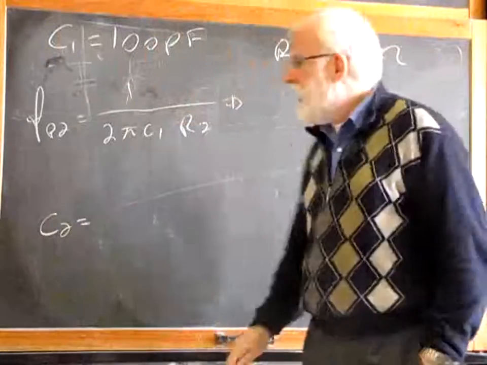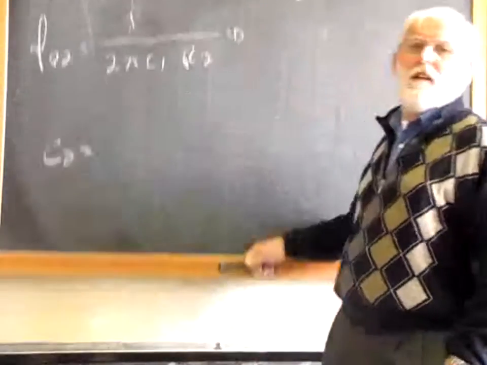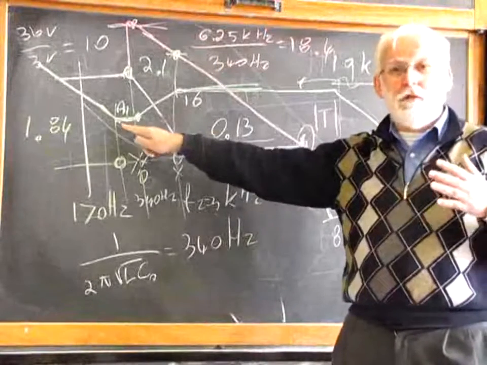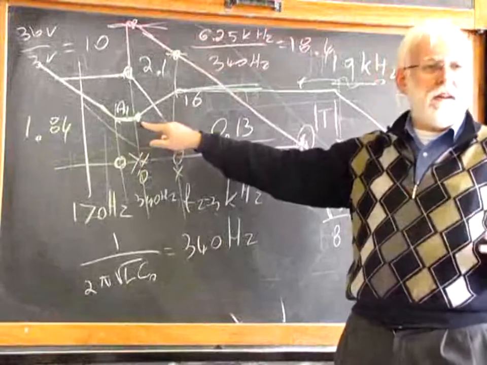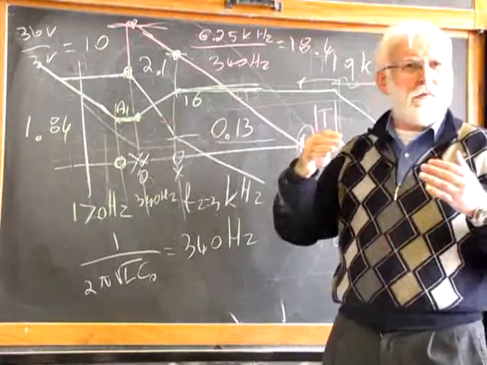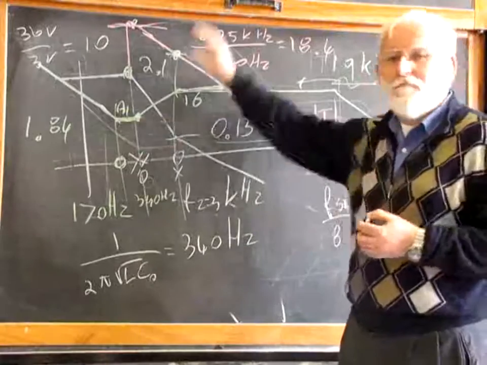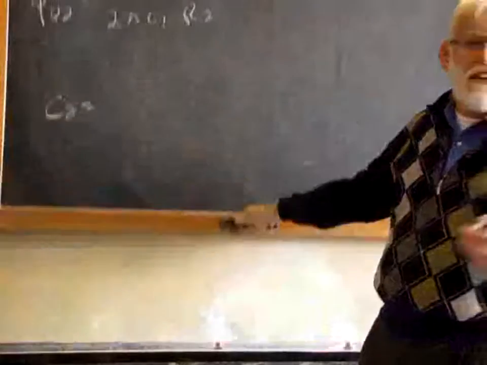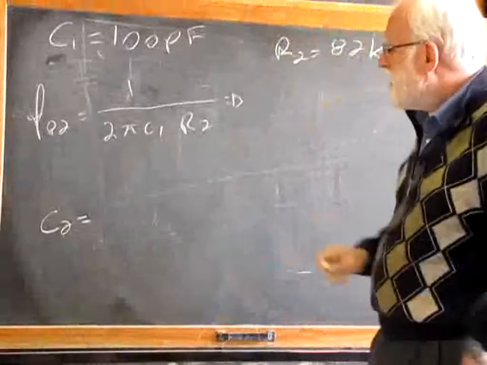C2 is associated with the first zero. This is my choice. If you want to have C2 associated with this zero, you may guess. In this case, C3 will have this zero, and you have some other equations in between. Probably C2 associated with the zero is the easiest way to do it, but nothing changes if you want to change how you derive your equations.